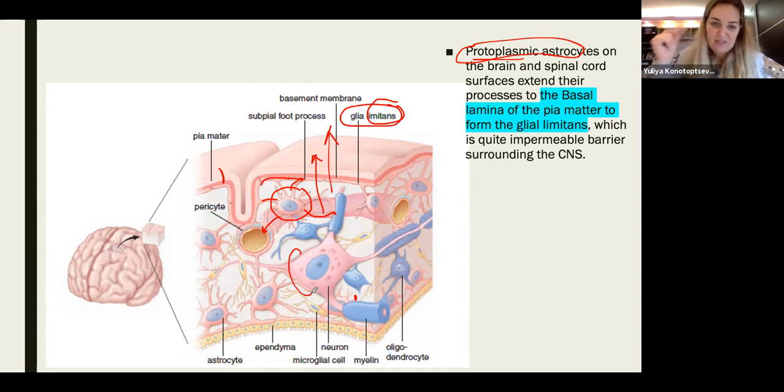They synapse like this. They find a way to synapse with anything. That's why we need something that keeps them in their place. That's where the glia limitans comes in. It prevents over migration of neurons to make sure that they stay in the brain. They don't send their axons to the meninges or outside of the meninges somewhere else. So yeah.